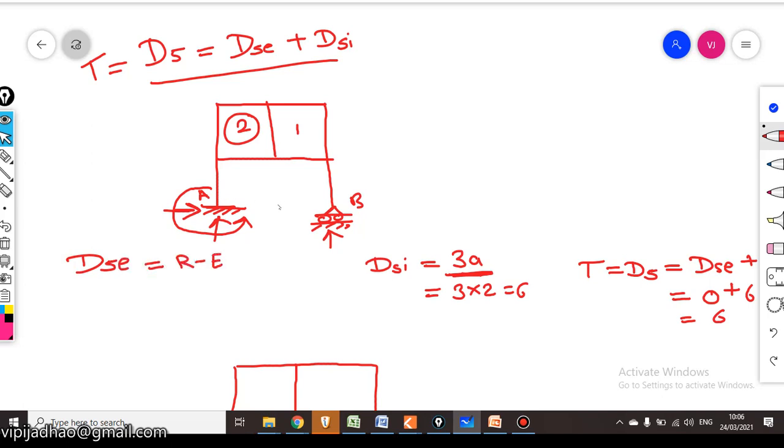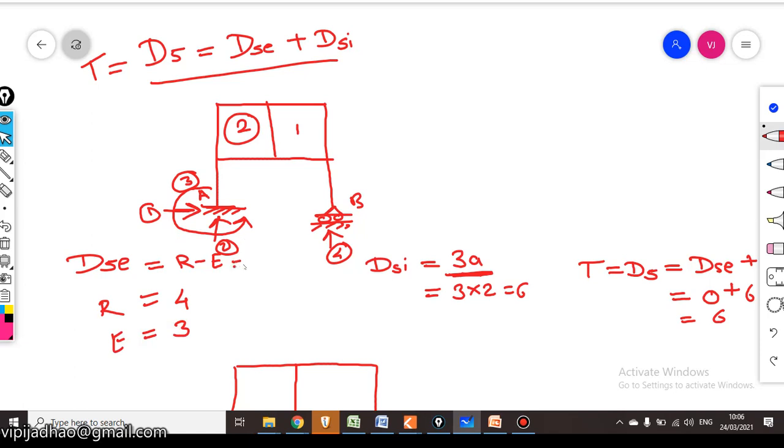Here the total number of reaction components will be this horizontal reaction, this vertical reaction, this moment, and the vertical reaction at B. So total number of R will be equal to 4, whereas equations of equilibrium available are 3.